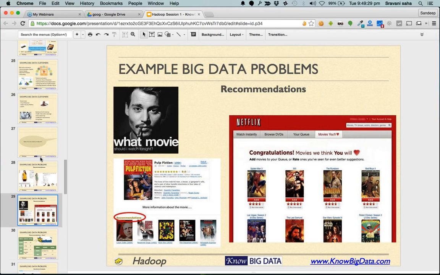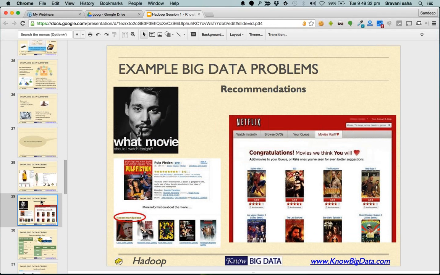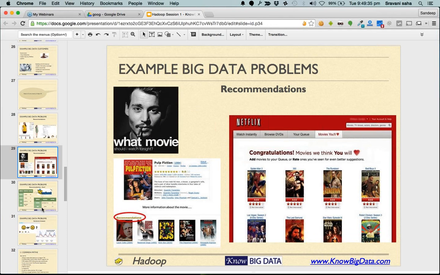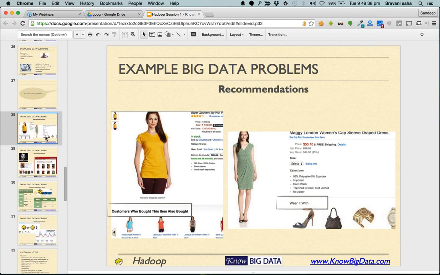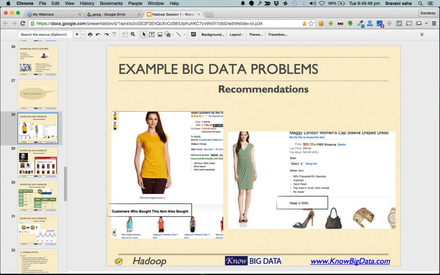So, did I make sense? Do you understand what is meant by recommendation at this point of time? We talked about various kinds of recommendations, like customers who bought this also bought that. You can buy this along with this. That completes the set. This is called complete the set.